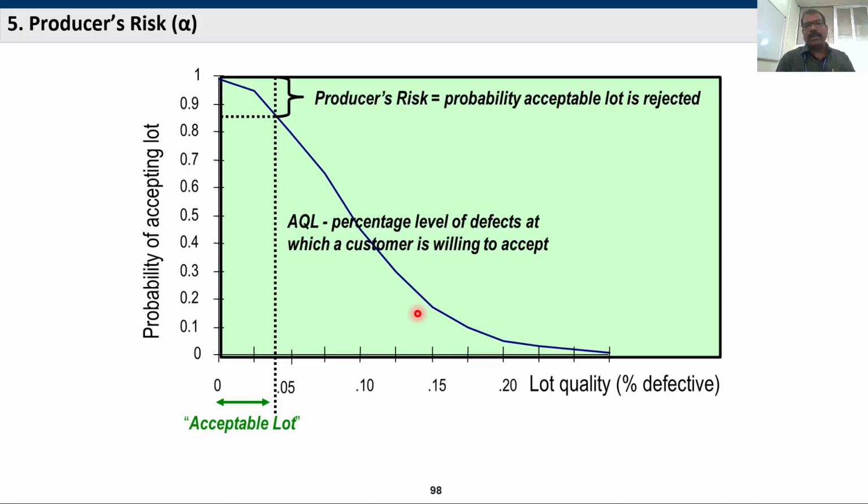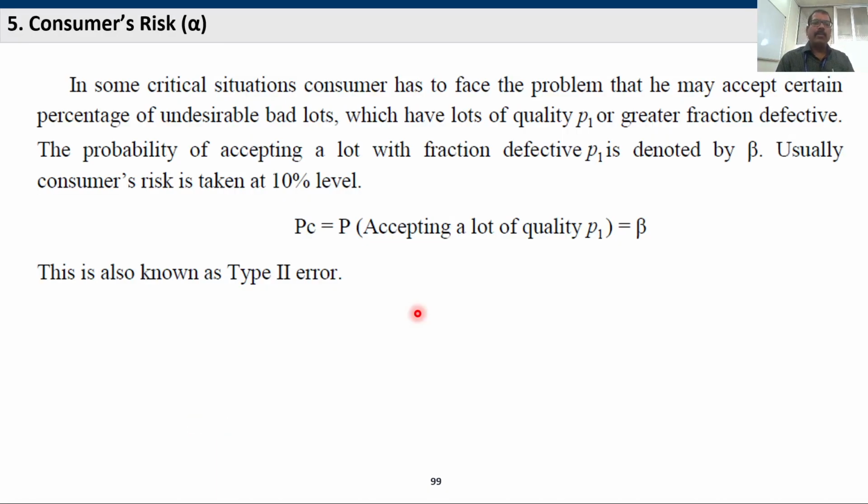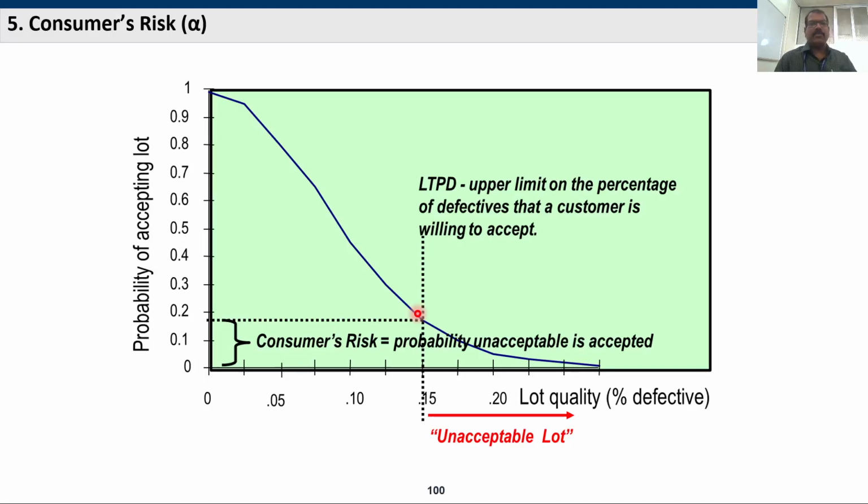So the acceptance quality level should be like 3 percent, 5 percent, like that. Rejection quality level, in the sense, 10 percent, 15 percent. If you fix 10 percent or 15 percent for the rejection quality level, that means the percentage of defective is 10 or 15. If it is 10, you will get here, so 45 to 50 percent.